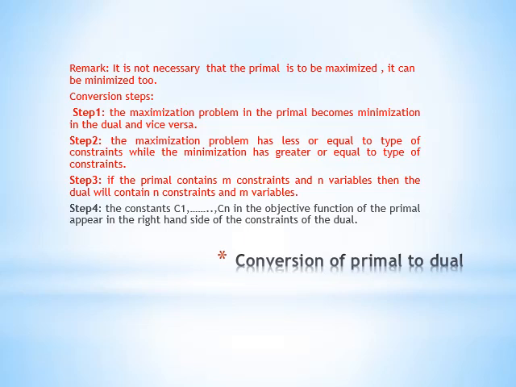This C1 up to Cn will be pushed to the right sides of the constraints as resources.